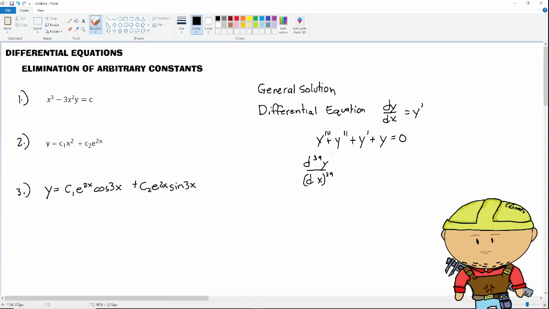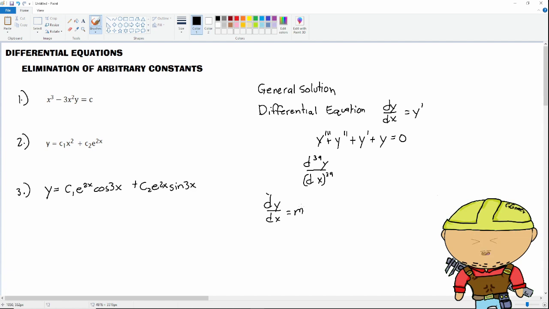So differential equations are equations that have differentials or derivatives in them, and ideally they represent a real world situation, a real world case. They represent changes. For example, dy over dx is equal to m, the slope of a line, right?